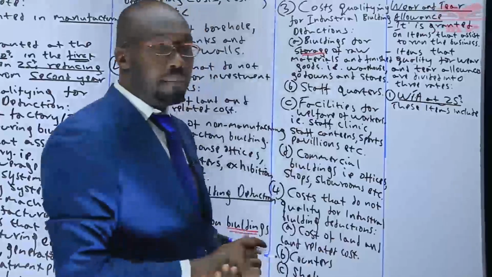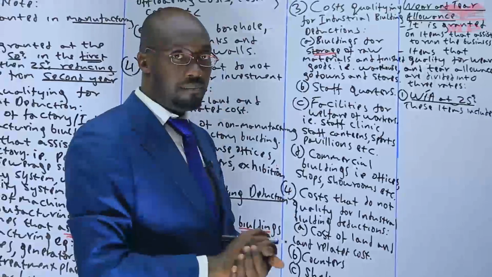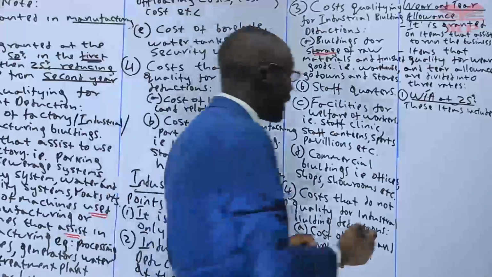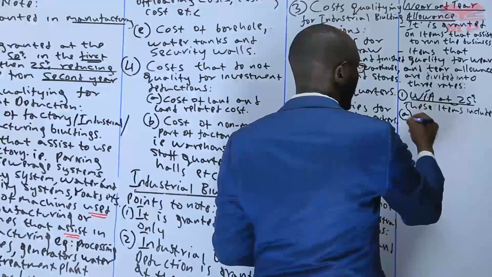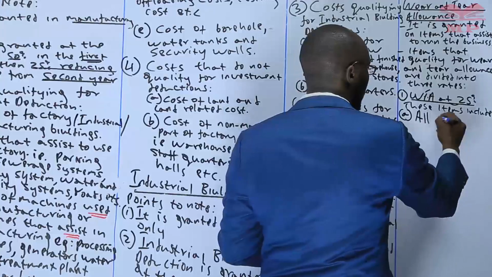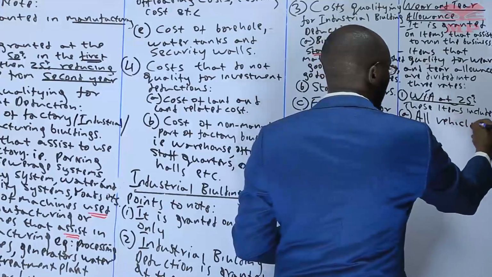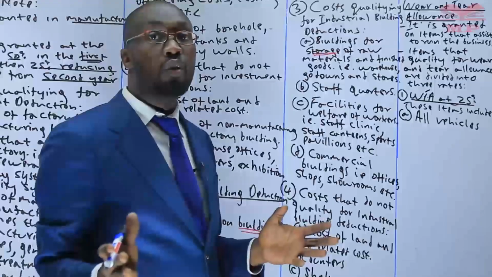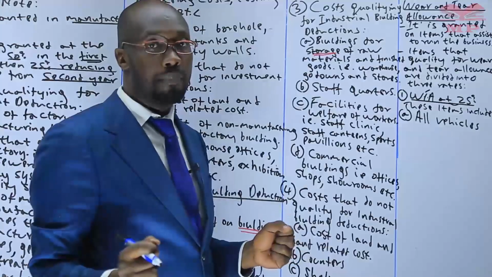They are actually three items, but in broad terms, we have A, all vehicles. So when you see a vehicle, know that it qualifies for wear and tear allowance at the rate of 25%.